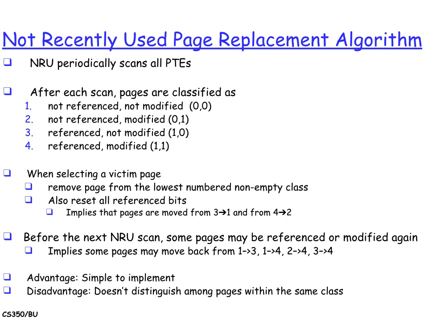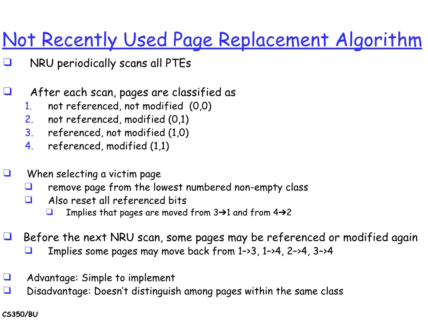The first category is pages that have not been referenced and not been modified since the last time the operating system reset these bits. The second category is not referenced and modified. The third category is referenced and not modified, and the fourth category is referenced and modified.